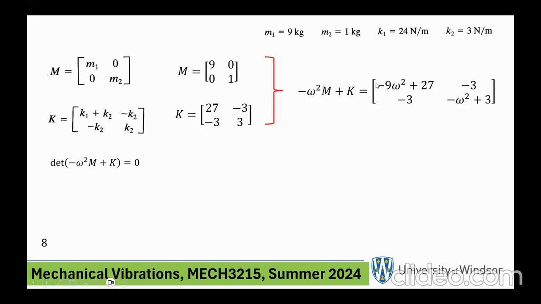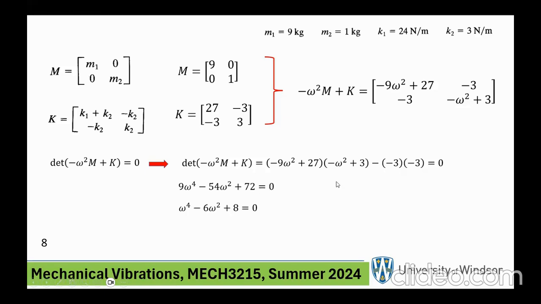Now, determinant of a 2 by 2 matrix, this product minus that product. We did this thing on Tuesday. Clean it up, you get that. And this can easily be solved, and it's got 2 roots. Actually, we have 4 roots, but we're not interested in negative frequencies. So there is omega 1, which is 2 rad per second. Omega 2 is root 2 rad per second.